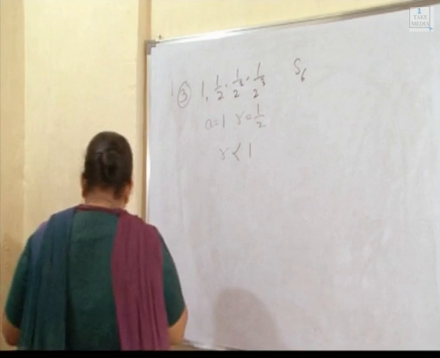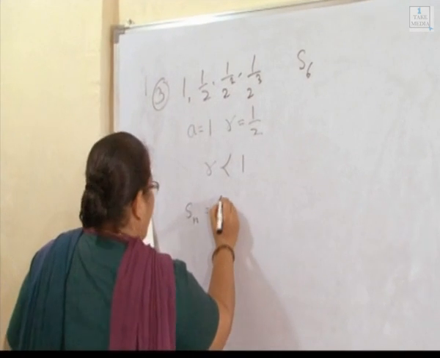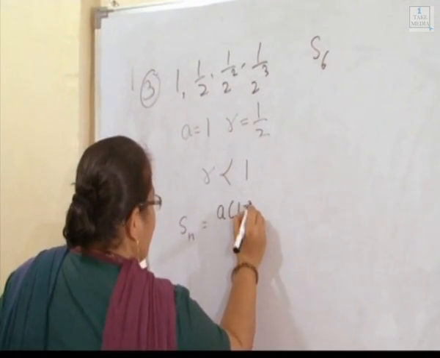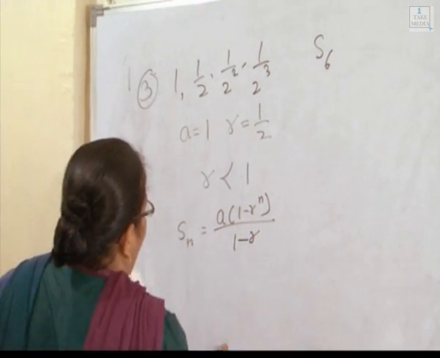So we will write the formula Sn equals a times 1 minus r to the n upon 1 minus r.